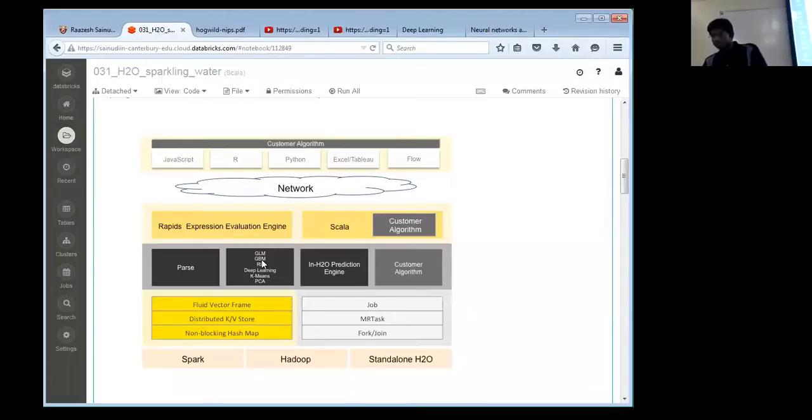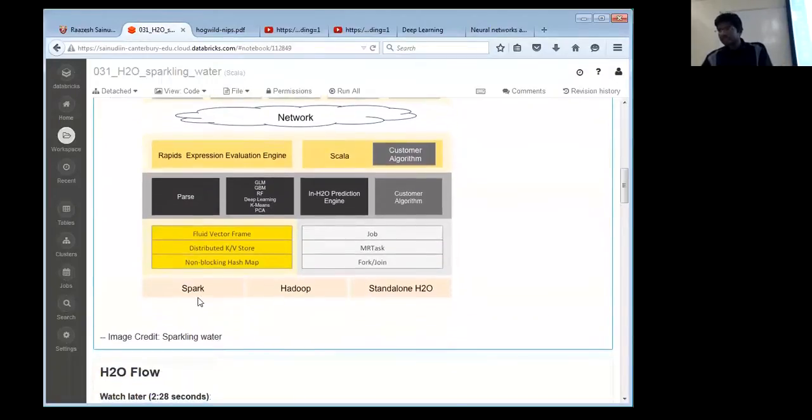These are some of the algorithms they have: deep learning, k-means, PCA, GLMs, right? They also have a good parsing module, so you can just feed in your data, set up some parameters on the UI, and it will do the ETL for you. So we don't need to spend a lot of time doing ETL. Okay, and it can run on top of Spark, Hadoop, or by itself.